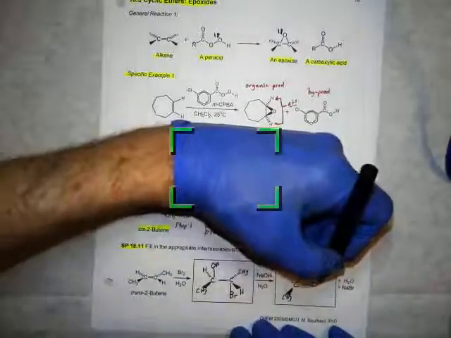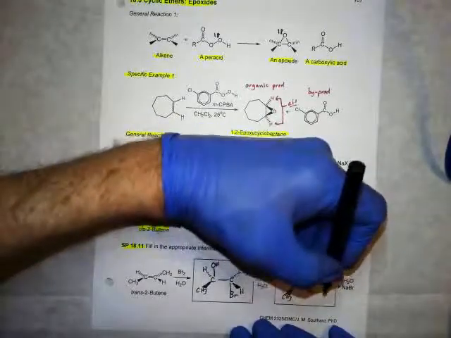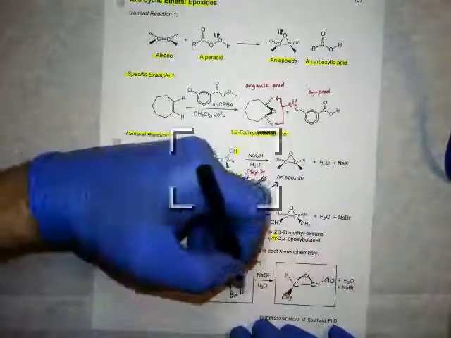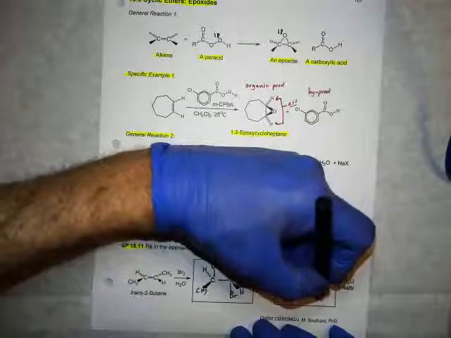Where we formerly had a methyl group on a dash, we still do. And where we formerly had a hydrogen on a wedge, we still do. Nothing's changed about that. So not only have you drawn out the proper structure, but you've also addressed the stereochemistry.